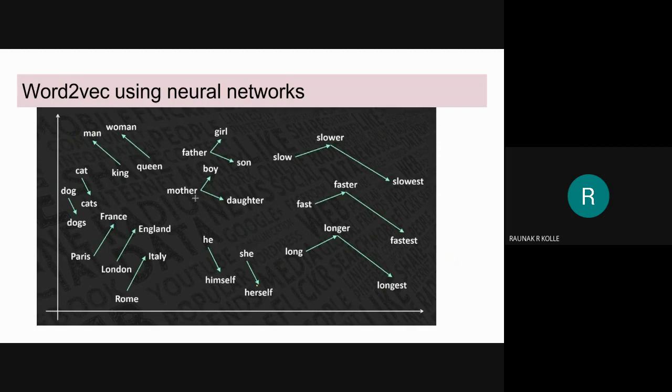With word to vec using neural networks, we can assign particular words to a particular category. For example, a king being referred to a male, a queen being referred to a woman, cat being categorized under the class of cats, dog being categorized under the list of dogs.